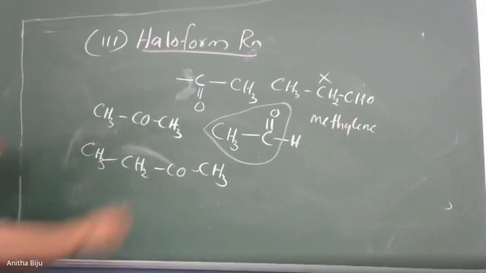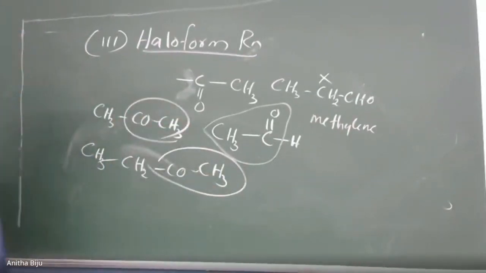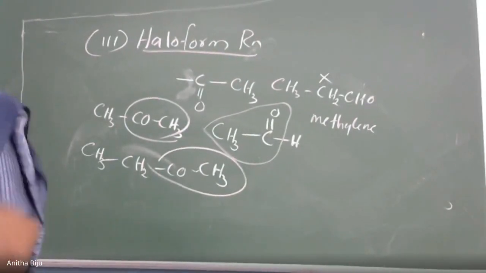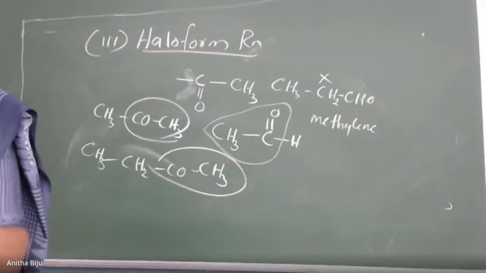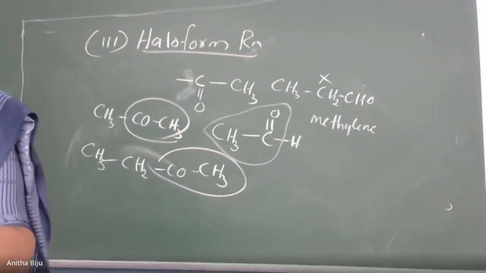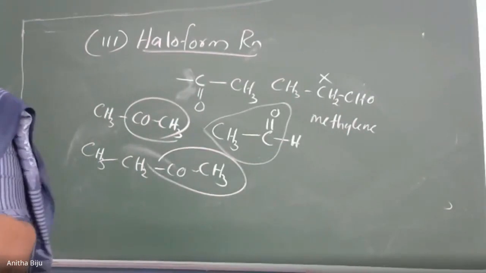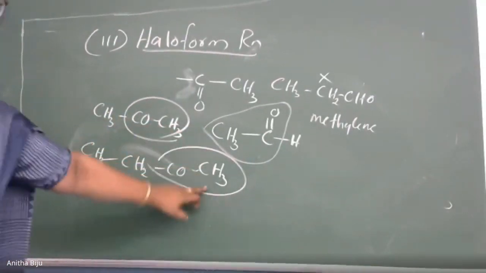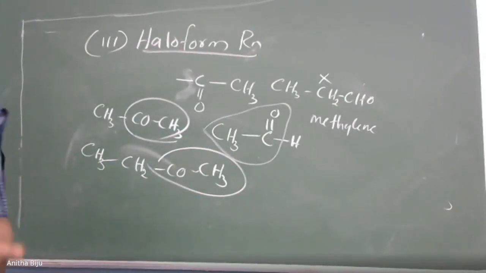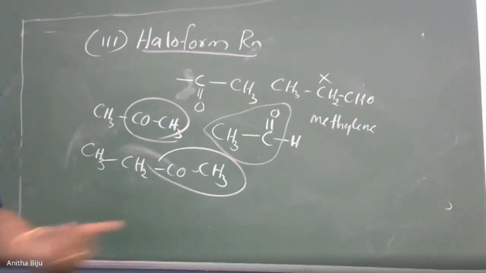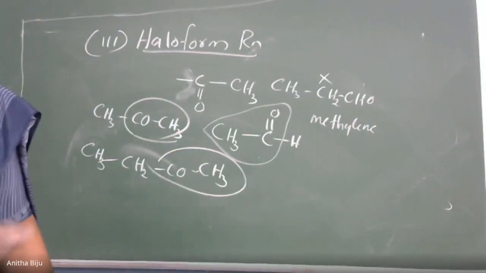So obviously they have a keto-methyl group. This is condition number 2 for ketones: the keto group at the second position. That means propan-2-one, butan-2-one, pentan-2-one, hexan-2-one. All 2-one ketones are eligible for this test.